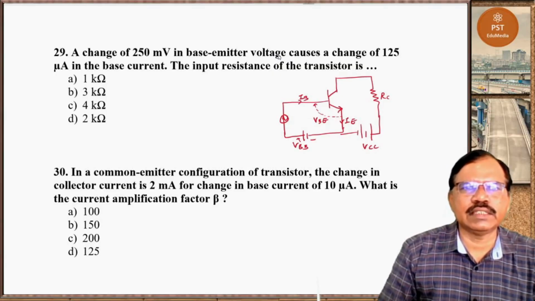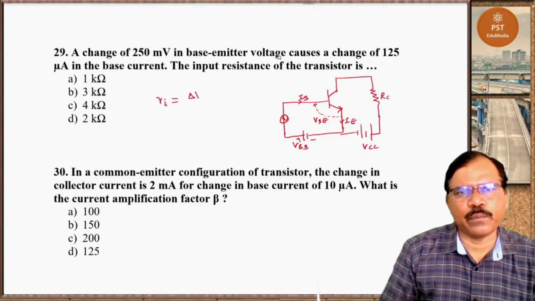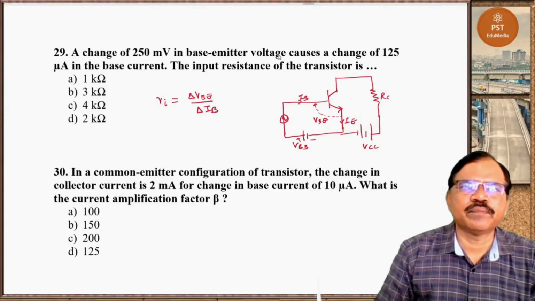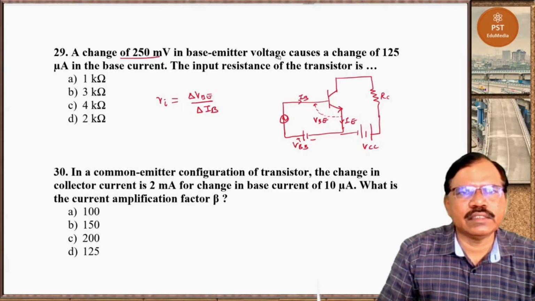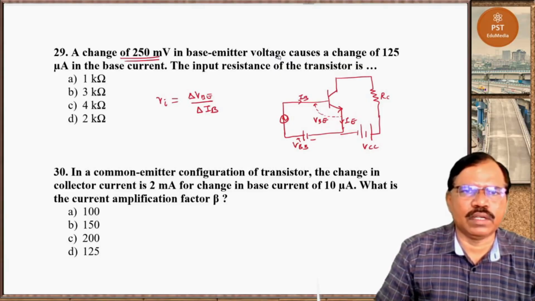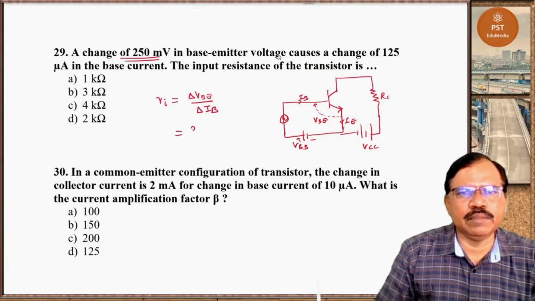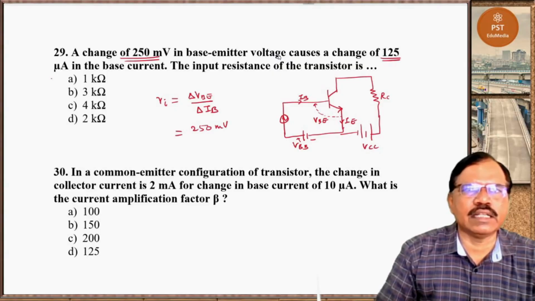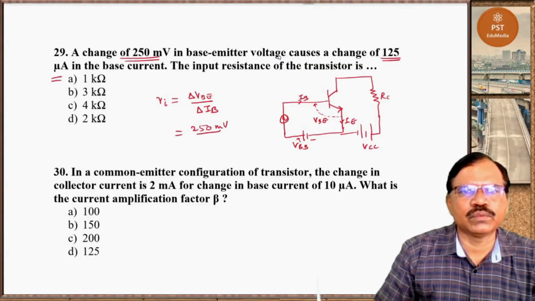So what is input resistance? That is delta VBE upon delta IB. Now what happens here? There is a change in base emitter voltage, that is 250 millivolt, and a change in base current, that is 125 microampere.